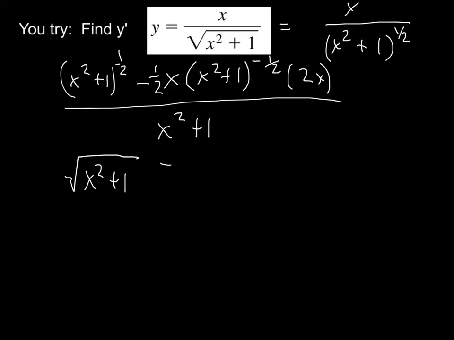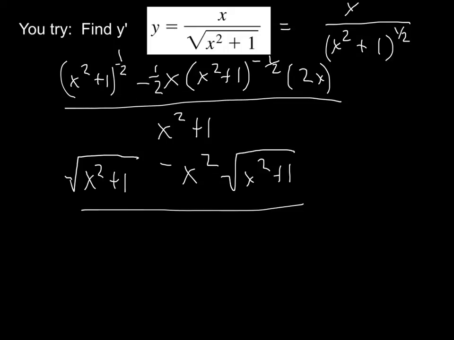The x squared is just, or the x times x is going to give me x squared, okay, times the square root of x squared plus 1 all over x squared plus 1. That's as far as I would take this one.